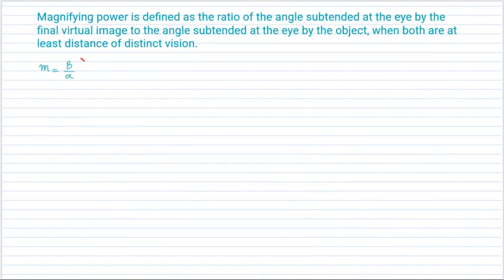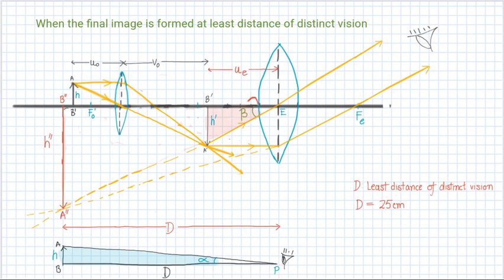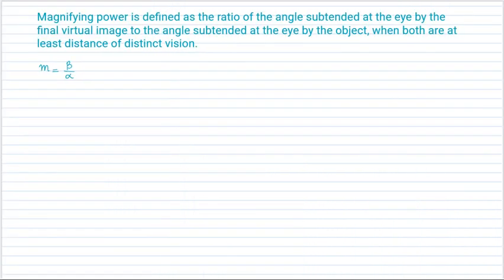Now since beta and alpha are small angles, I can write tan beta approximately equals beta, and tan alpha approximately equals alpha.